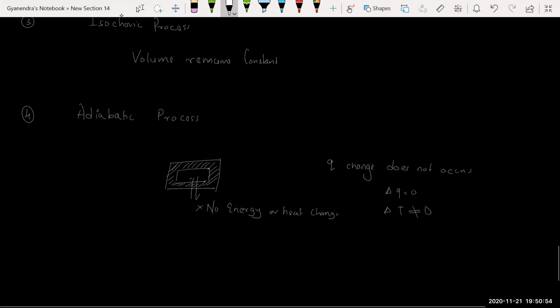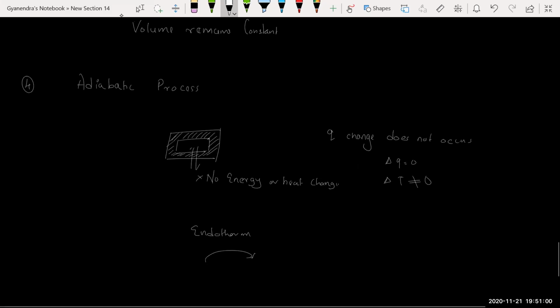For example, if you have an endothermic reaction, before the reaction happens, let's say temperature is T1, and after the reaction happens, the temperature will drop from T1, right? Yes, sir, it will drop.